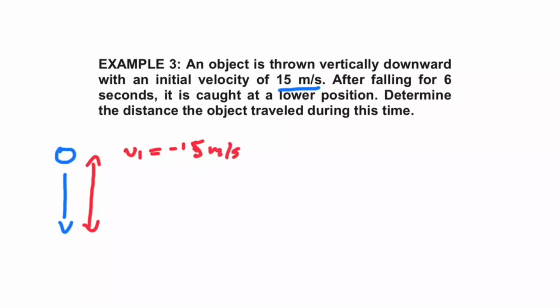And then it is caught 6 seconds later, so we have our change in time: delta t is equal to 6 seconds. What else do we have? We are supposed to determine the distance traveled during that time, so we want delta y. That is what we're interested in. We have the acceleration, which is minus 9.8 meters per second squared.